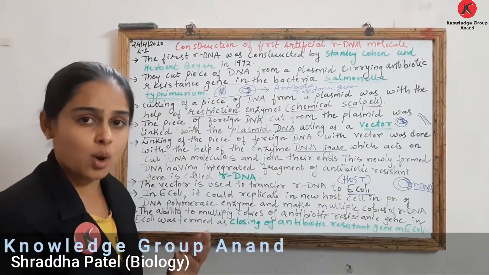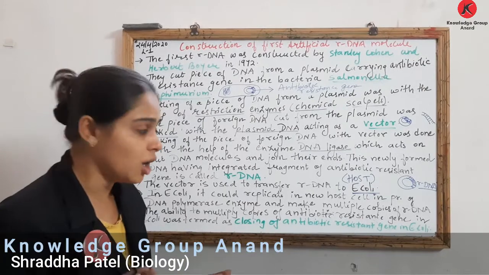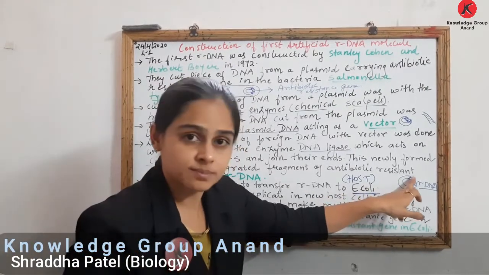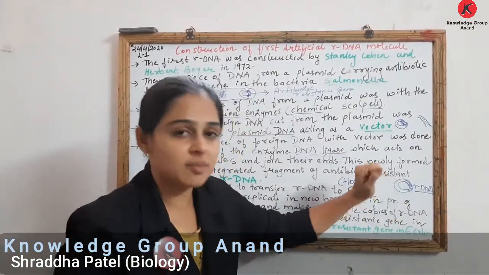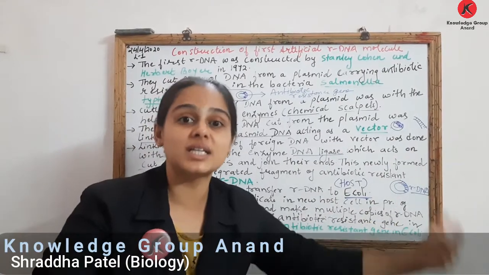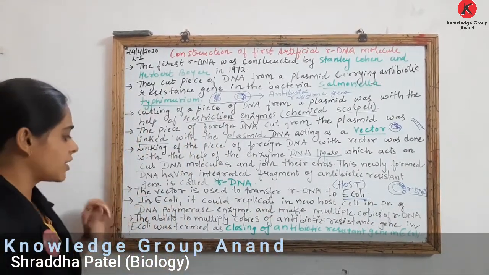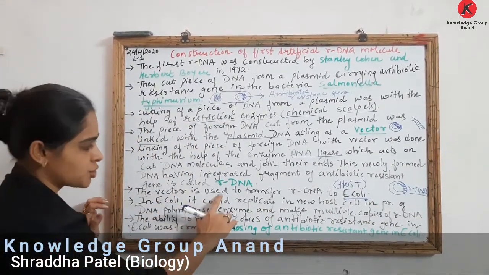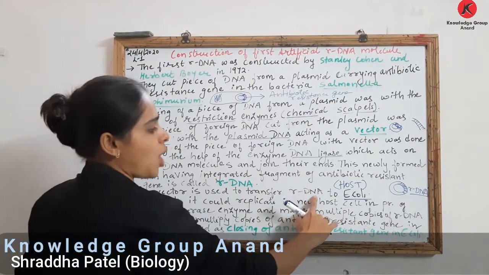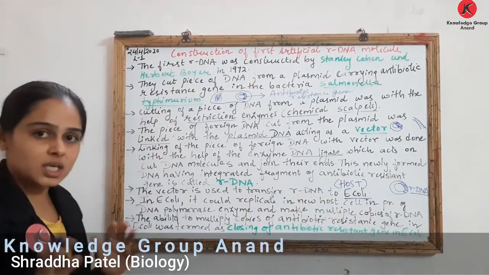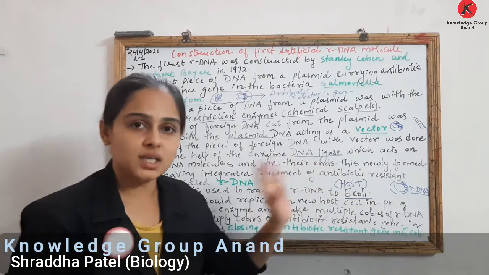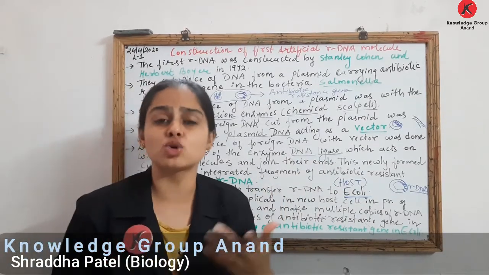What will its function be there? As a host in which our gene carrying antibiotic resistance multiplies. Okay, so what I have written, the vector is used to transfer recombinant DNA to E. coli.